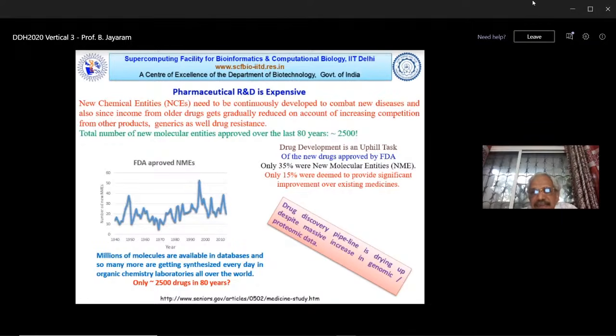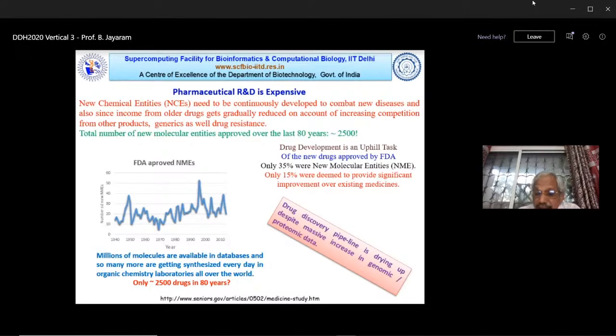This seems very surprising. Something doesn't make sense. Does it mean that we don't have any diseases? Well, diseases are definitely much more than these 2,500. And these 2,500 is also a repetition of one disease having multiple drugs and so on. So the summary is that the drug discovery pipeline is drying up despite a massive increase in genomic and proteomic data. Well, what's going wrong?